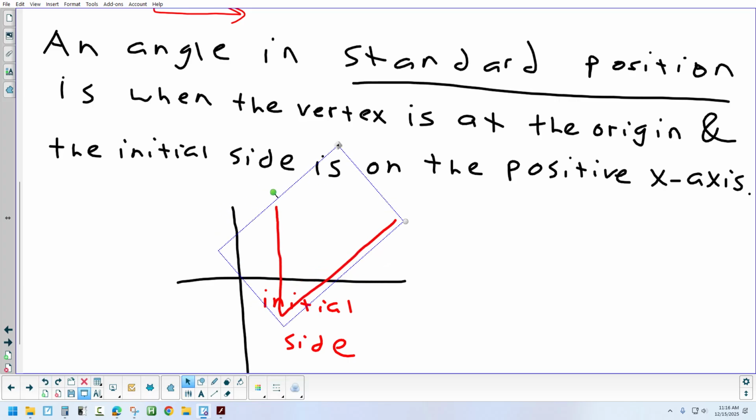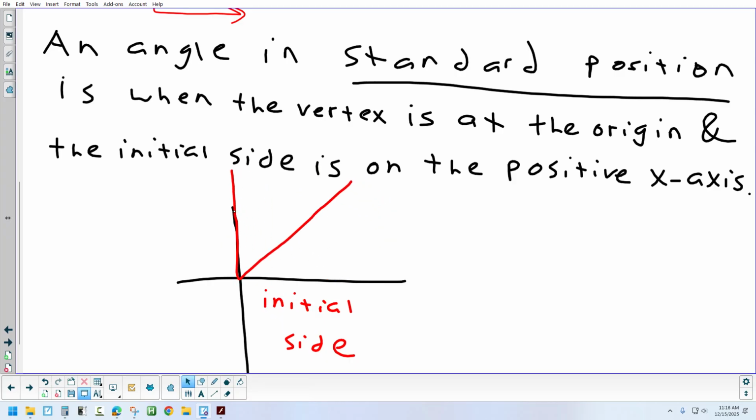How about if I did something like that? Is that standard position? No. The vertex is at the origin, but what's wrong this time? It's not on the positive x-axis.